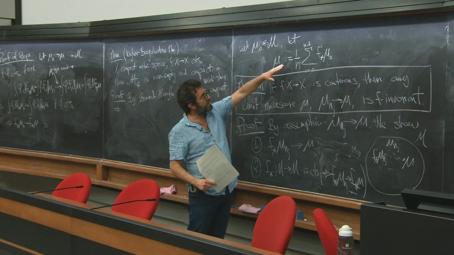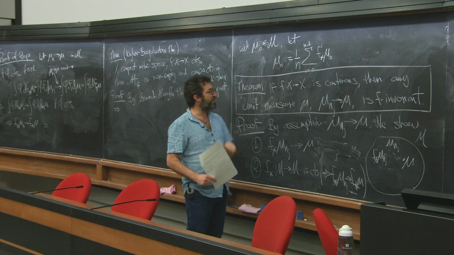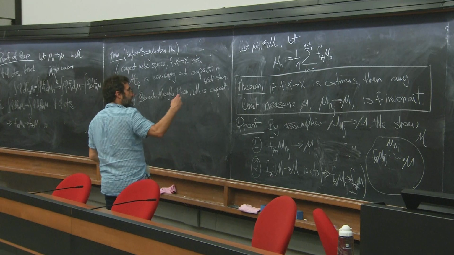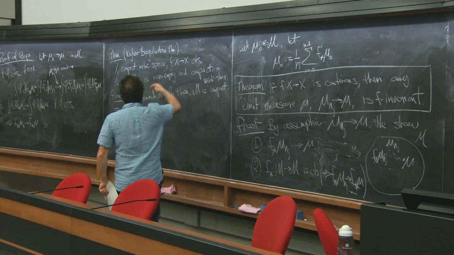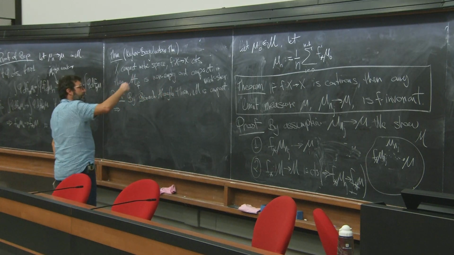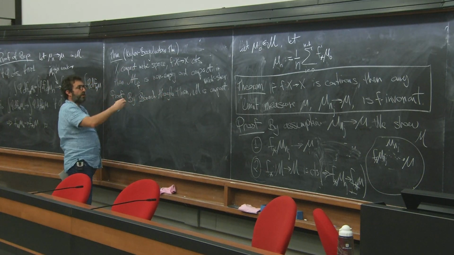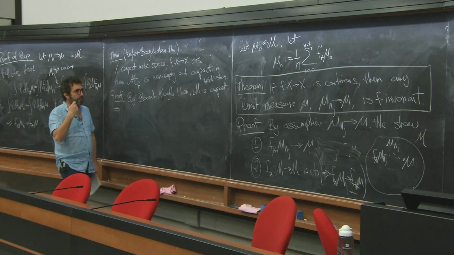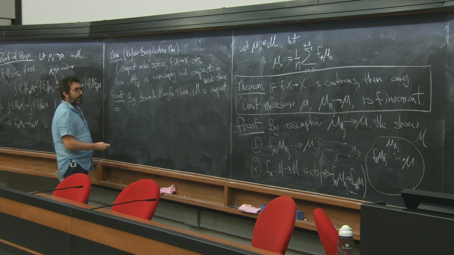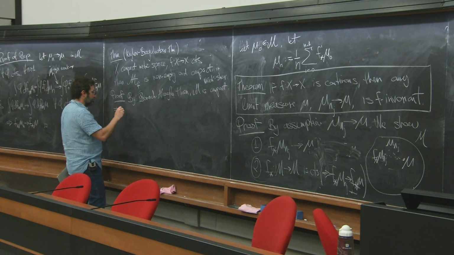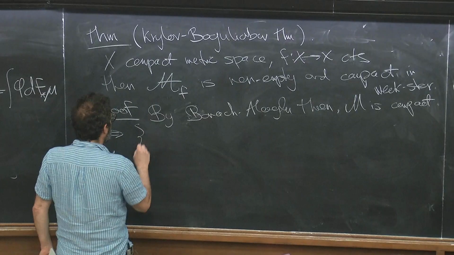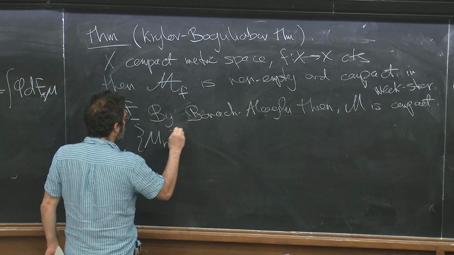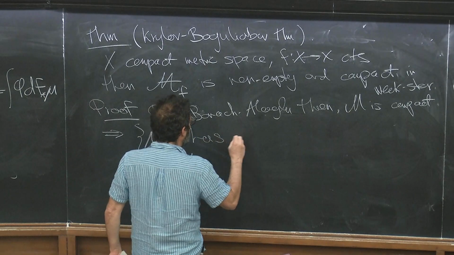Which means that we have an invariant measure. So this is really the key theorem. Of course, this sits on deep theorems of functional analysis, but by the compactness, this implies that the sequence mu n has a converging subsequence.